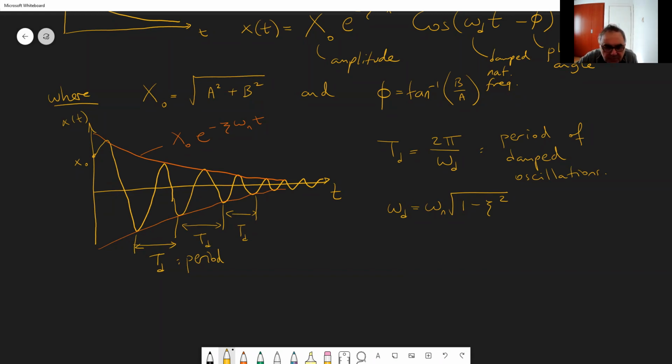But if you have, for example, in the case of high damping, you would have something like this, okay? But if you have low damping, this thing might go on for a long time.